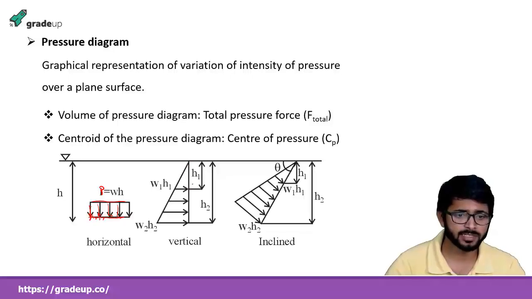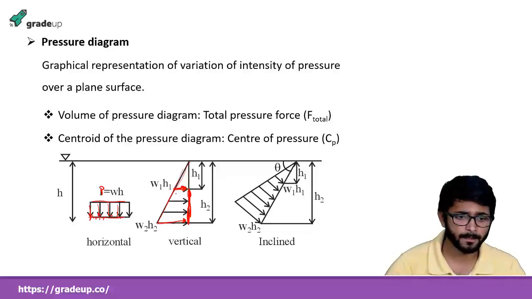Okay. In the vertical direction, this is the plate, and omega 1 H1, as I told you earlier, the pressure acting here is omega 1 H1, and here omega 2 H2. It is increasing linearly at a rate of the specific weight of the fluid.